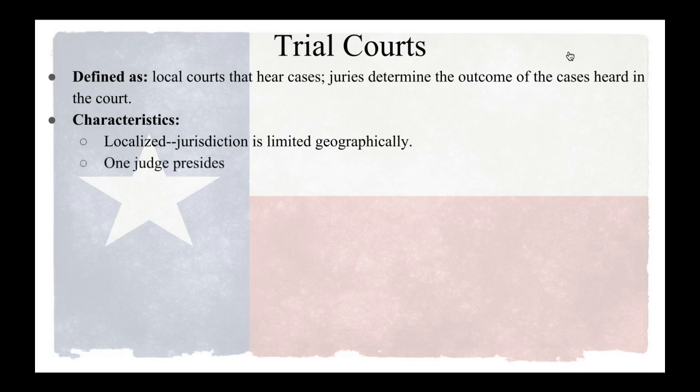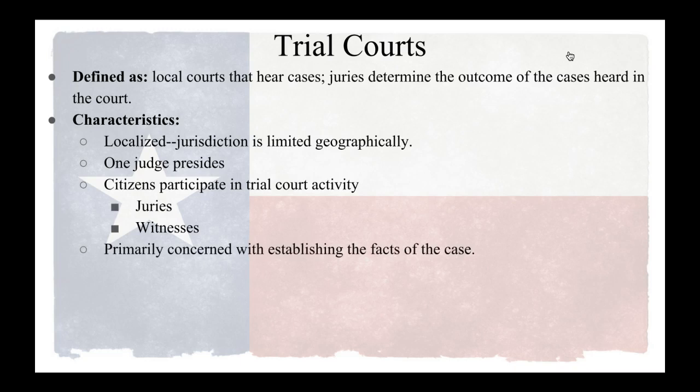In these courts, it's going to be one judge. There is citizen participation in trial court activity, meaning that citizens participate in different ways, like serving on juries, and they serve as witnesses, testifying during the trial.